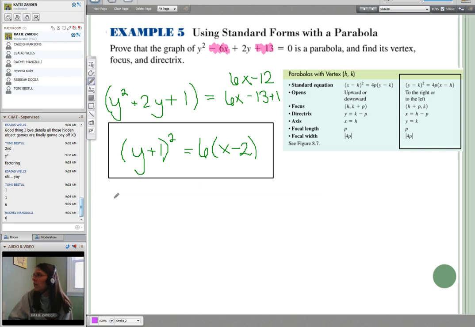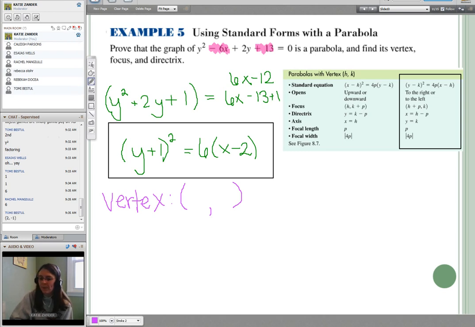So let's start with the vertex. What is the vertex? Remember, that's your h comma k. Be careful on where your h and your k are stored. What's the vertex? Good, Tommy.